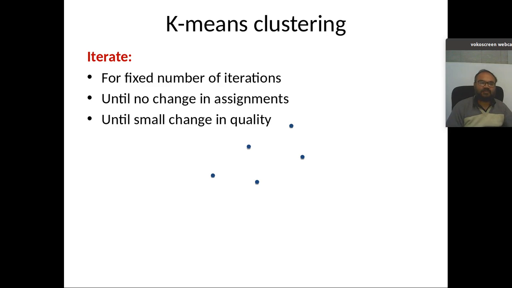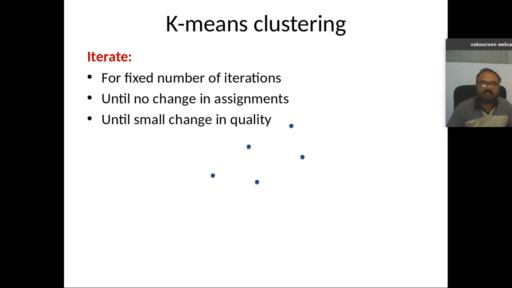The iteration could be done either for a fixed number. So let's say we choose a fixed number, let's say 10, and we use this process 10 times, or you can do it until there is no change in assignments. So if you recalculate the centroids and they are the same as the previous centroids, then the algorithm would be stopped.